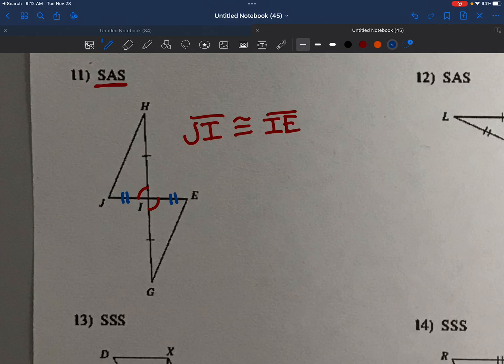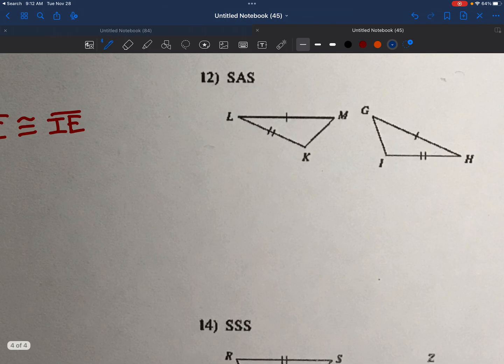Okay? All right, let's look at number 12. What are they asking you to identify? Side angle side. What do they give you already? They give you both sides, so the only thing we're missing is what? The angle. But it does matter which angle. So on the triangle on the left, which angle should they have given you?